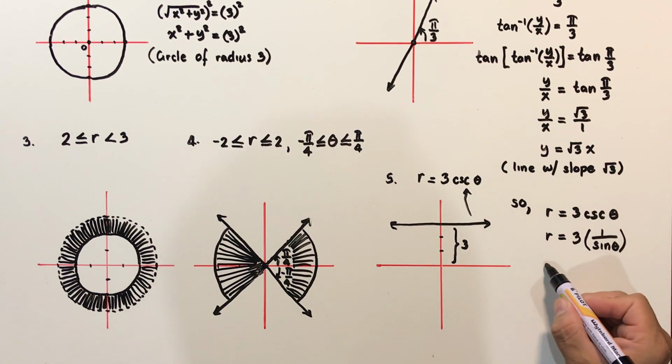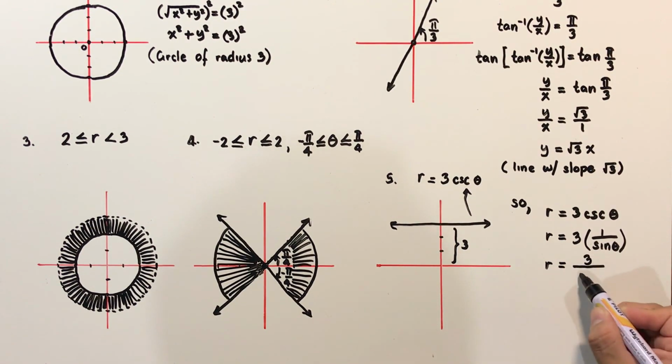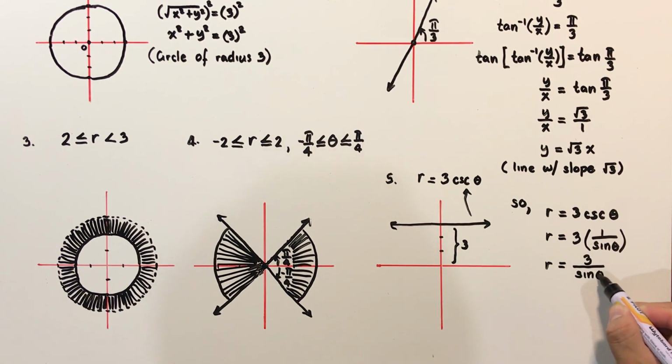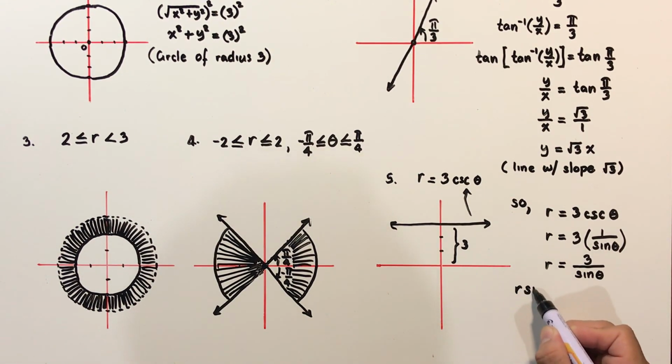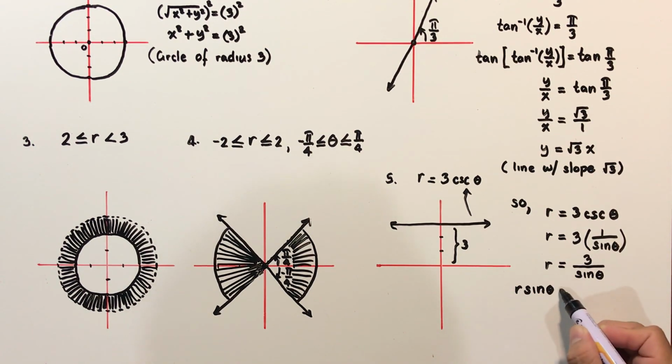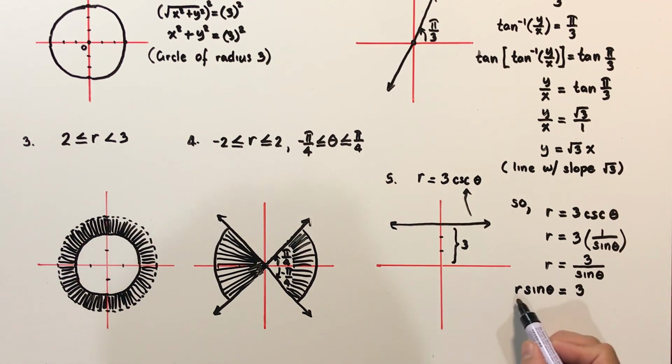And then if I multiply the 2, I will have 3 over sine theta. And if I multiply both sides of the equation by sine theta, the sine theta at the right, which is in the denominator, will be cancelled. And we know that the value of r sine theta is y. So y is equal to 3. And you can see that this is a rectangular equation of a horizontal line which is 3 units above the x-axis.